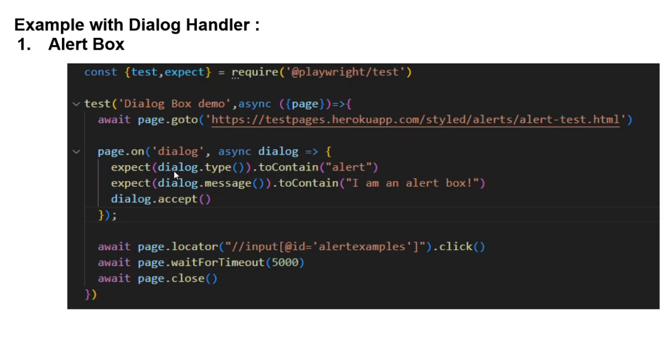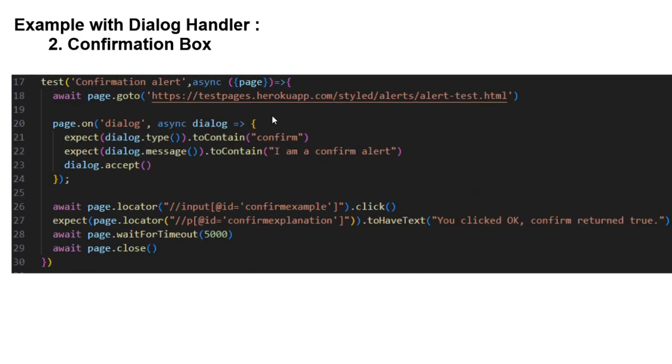And using dialog.type, we can check the type of that dialog box, whether it is an alert box, a confirm box, or a prompt box. Then we can also check the message present on the dialog box by using the dialog.message method. And after that, we can put our regular validations depending on whatever you are getting on the UI.